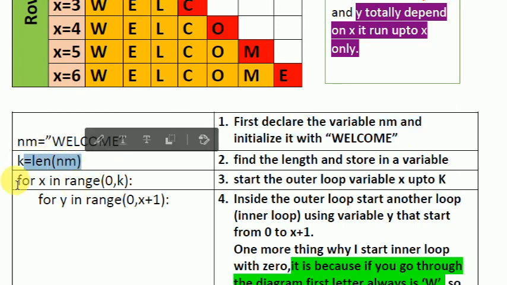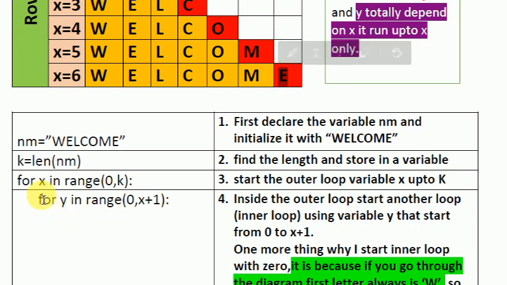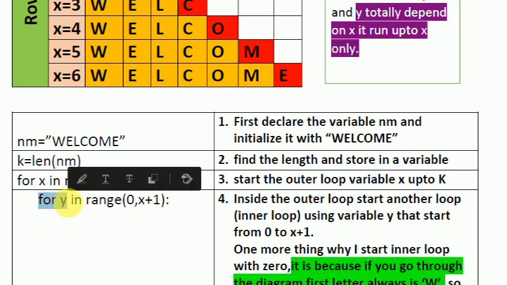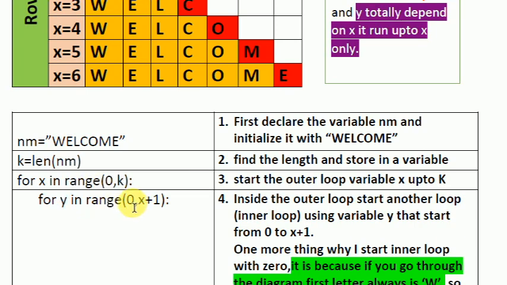Then I start the outer loop of x, with range from the first character, that is W, to k, the last one, that is E. And the inner loop is going to use the variable name y, starting from 0, because every time we need the left side, that is W, and it should jump up to x.